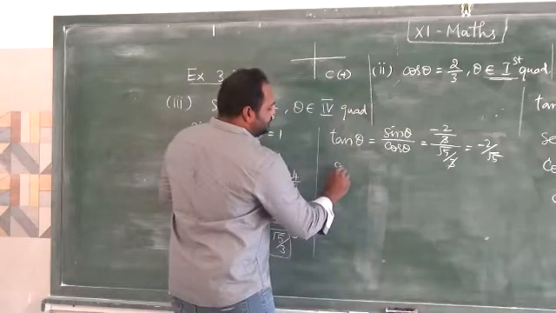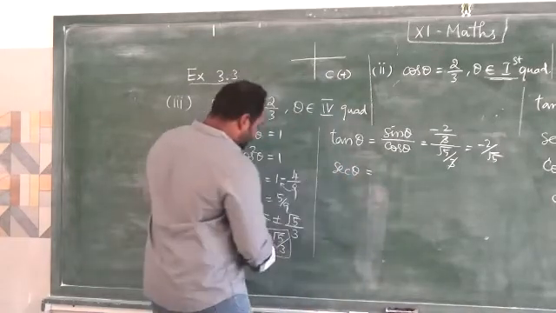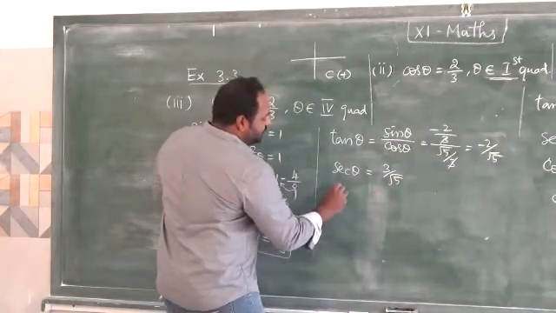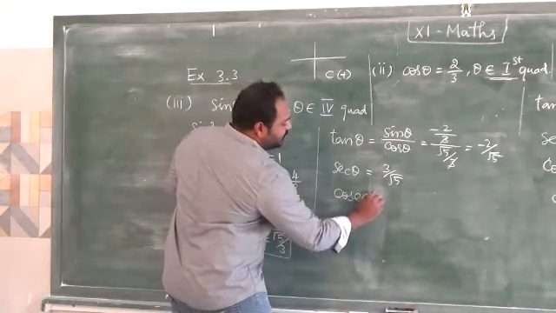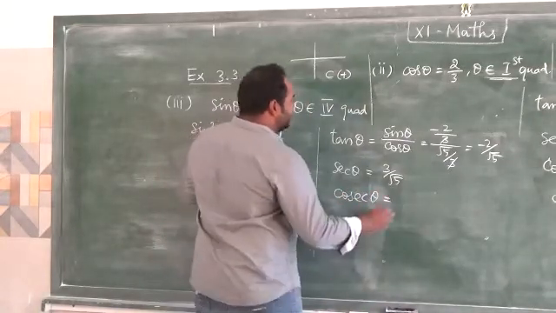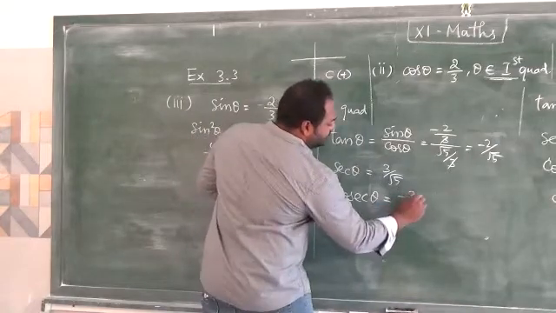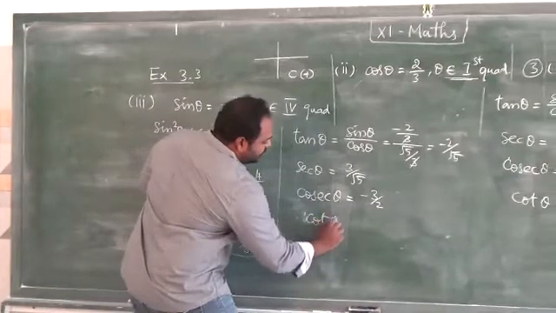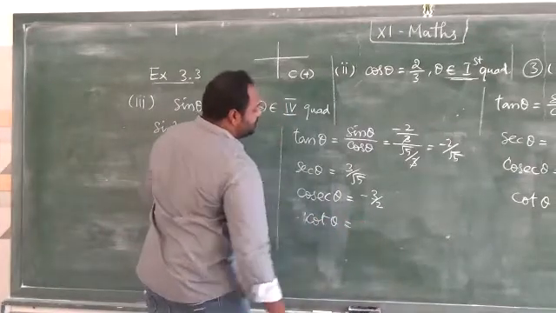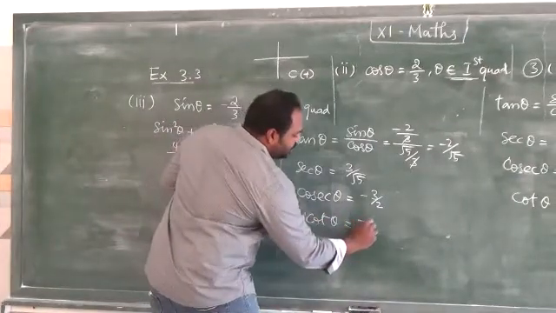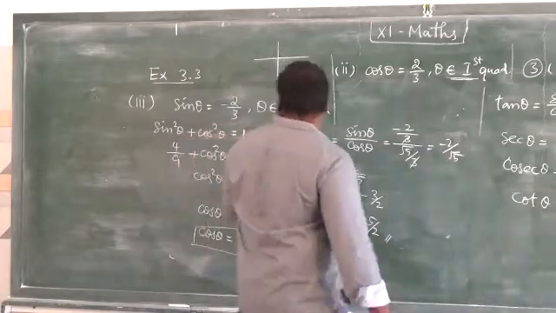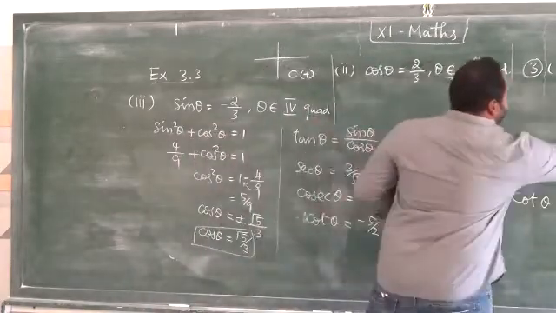Next, secant theta is the reciprocal of cos, 3 by root 5. Next, cosecant is the reciprocal of sin, which is minus 3 by 2. Cot theta is the reciprocal of tan, minus root 5 by 2. So these are the values for subdivision 3.